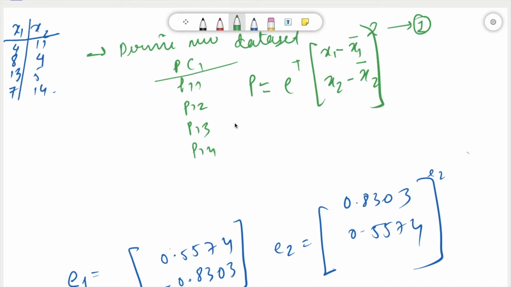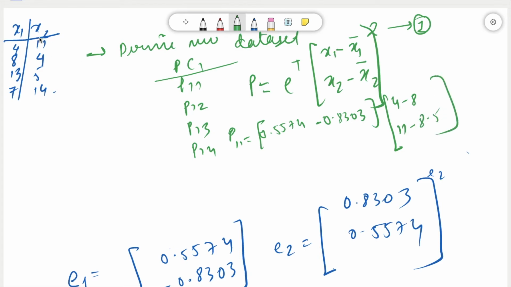If we substitute this, we get P11 equal to E1 transpose, which is 0.5574 and minus 0.8303, multiplied by 4 minus 8 and 11 minus 8.5.